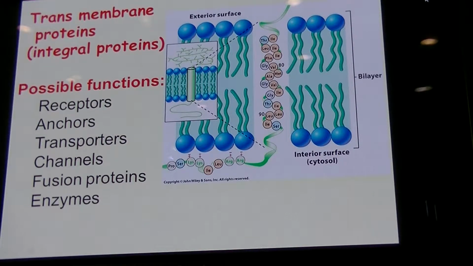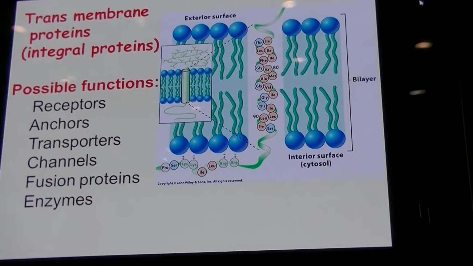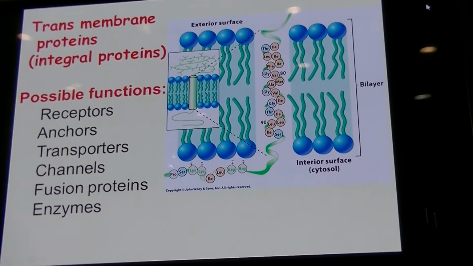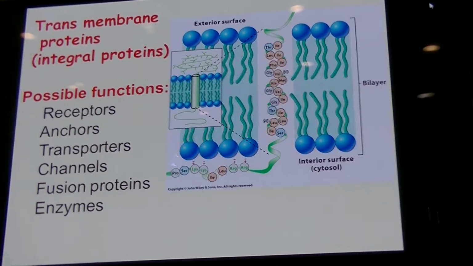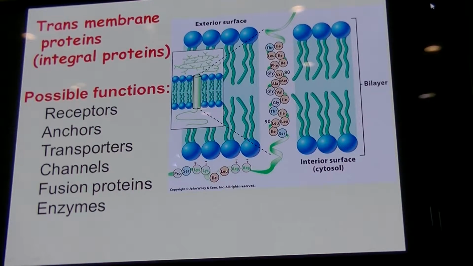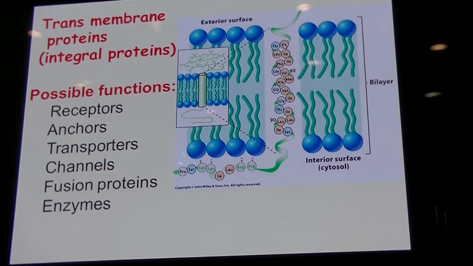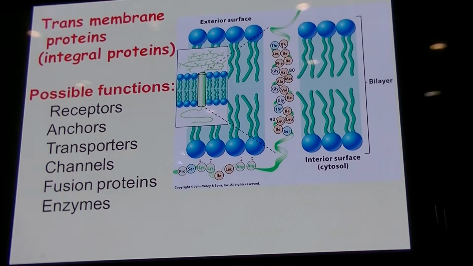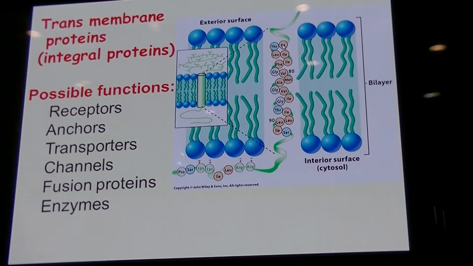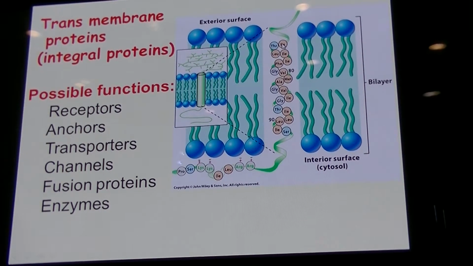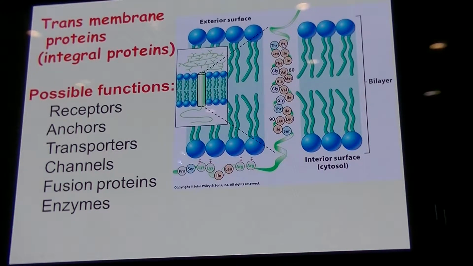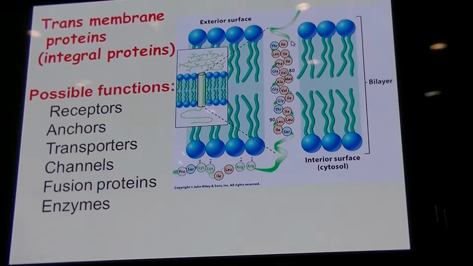If we make an alpha helix, and we know what the alpha helix looks like, we can count the approximate number of amino acids we need. It's 18 to 20 amino acids that you need in order to cross a membrane as an alpha helix. So you can ask the question, why an alpha helix? There are other options, but why is the alpha helix important for integral proteins in many cases?